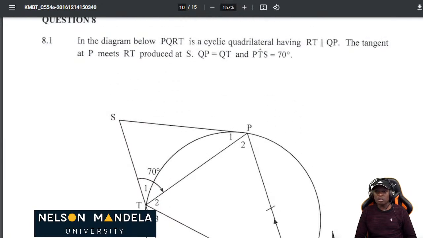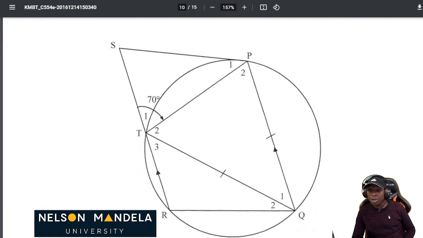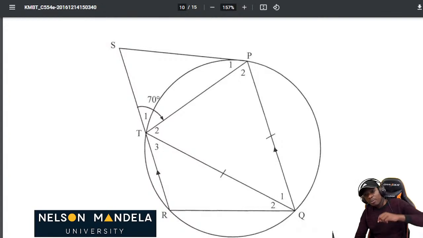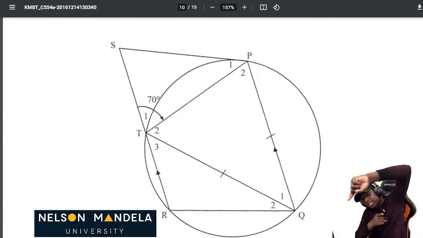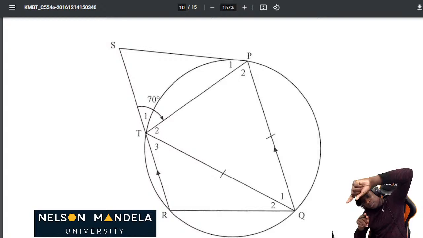Opposite angles of a cyclic quad are supplementary, and angle Q as a whole is equal to angle T1, because when we touch that chord PT, it will subtend angle Q1.